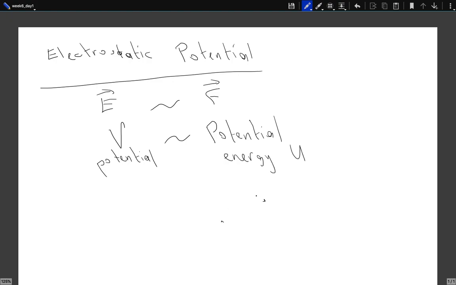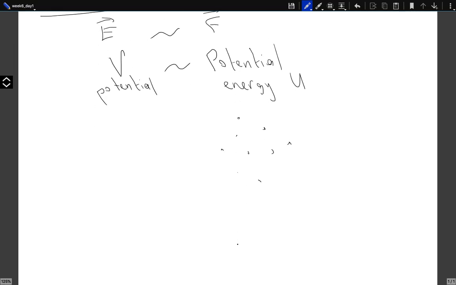So again, you have a system of charges. At a given point, those charges, let's call them Qi, well, one thing, they create an electric field there. They also create a potential there.